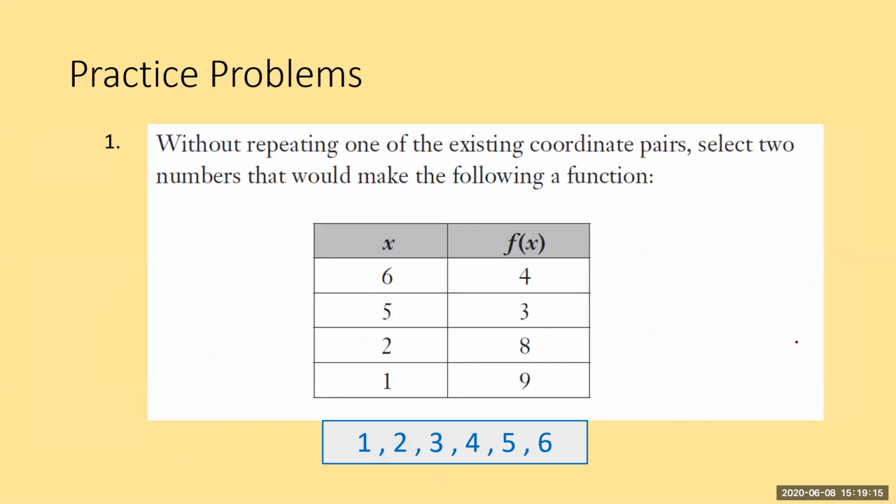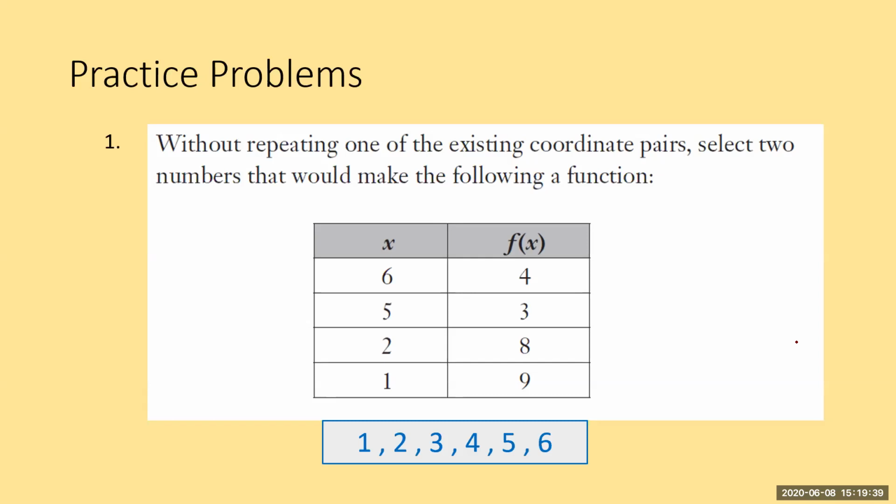Okay, so we're going to end today with 3 practice problems. So these problems are similar to how the questions would appear on the actual GED test. All of these questions are going to involve identifying whether or not something is a function or thinking about the definition of a function.